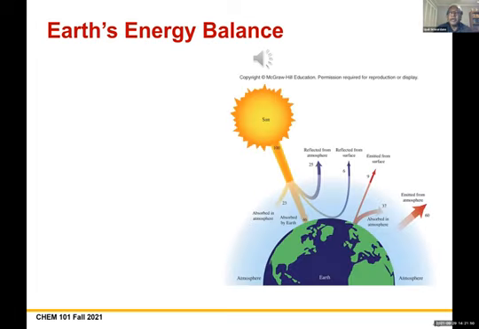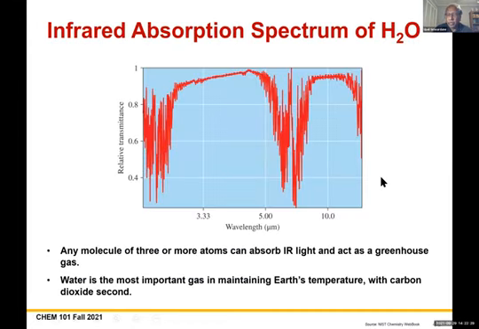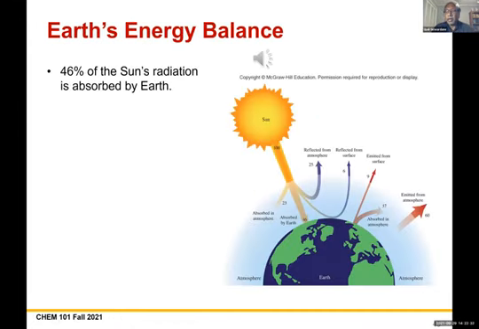If you look at the Earth, of the sun's radiation to the Earth, about 46% comes here. Some of it is reflected back, absorbed by the atmosphere, released from the atmosphere, reflected from Earth's surface, but only 37% is emitted to the atmosphere. 9% just goes away.